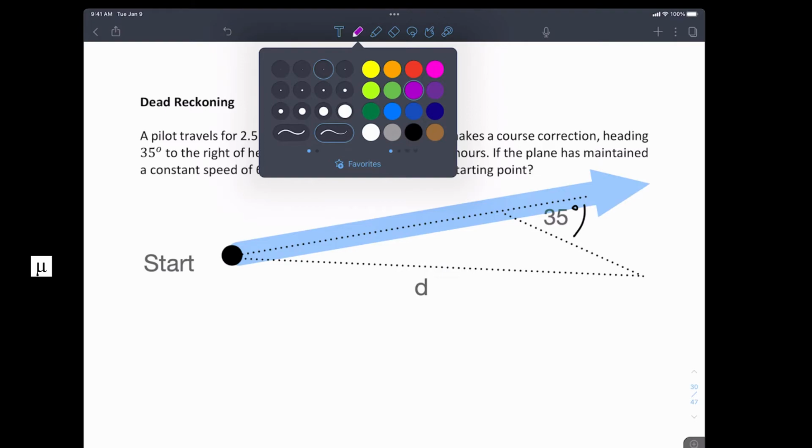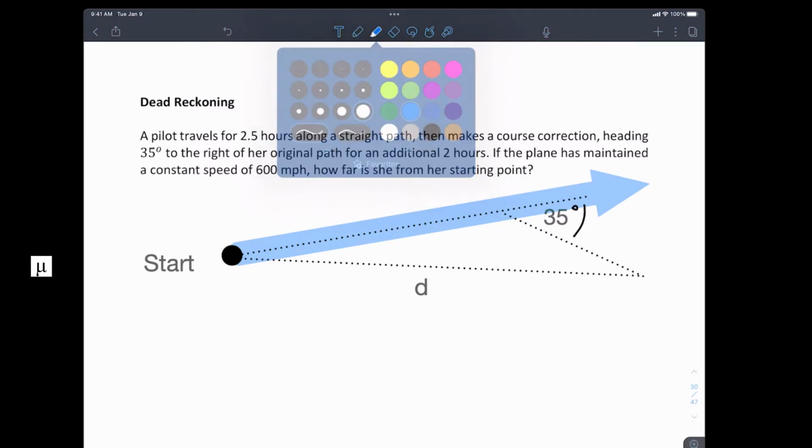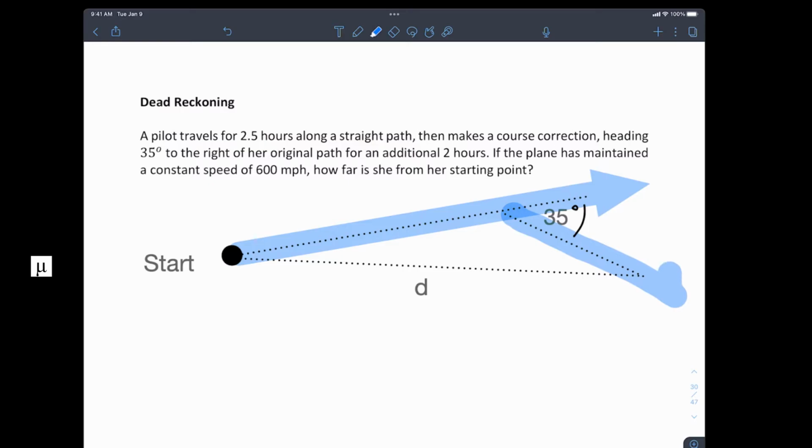So now it makes a course correction and it changes this direction. So they give you this, right? And then this is a course correction, 35 degrees. Okay? And it's a course correction to the what? To the right.